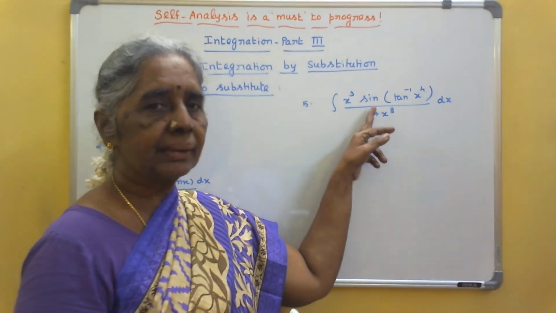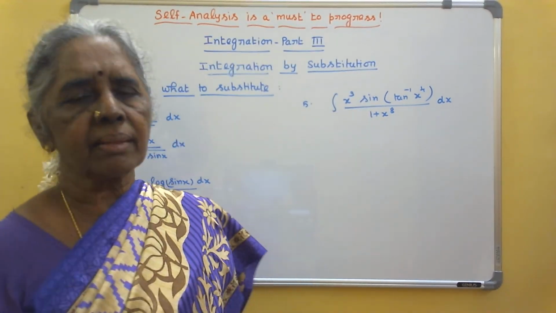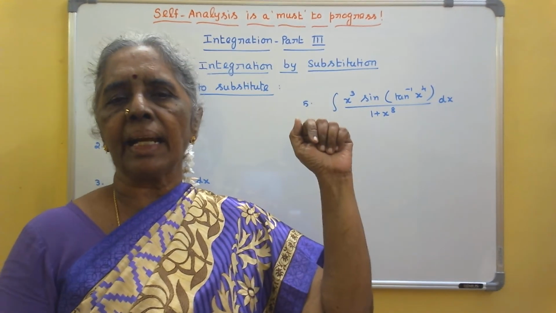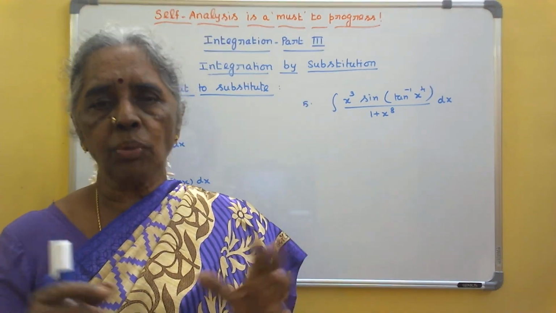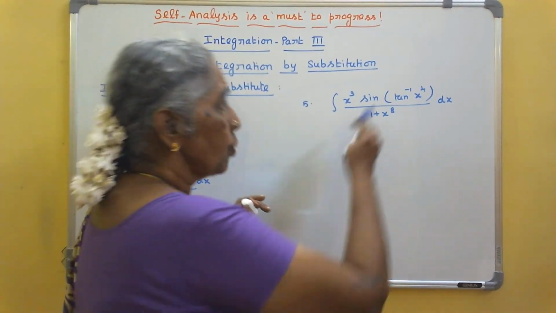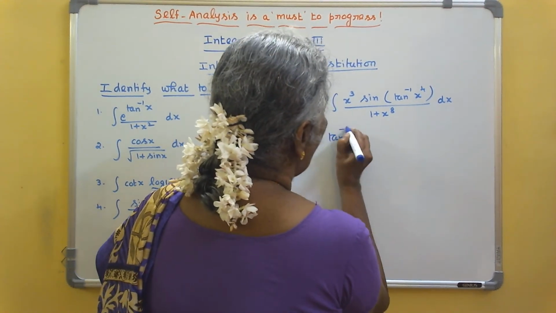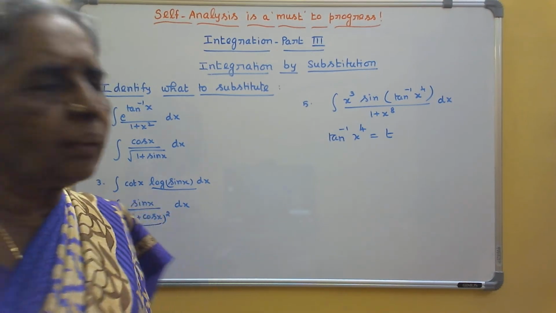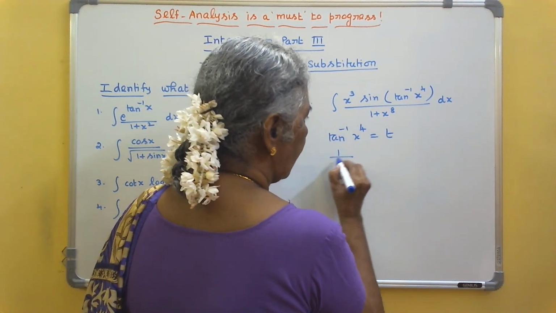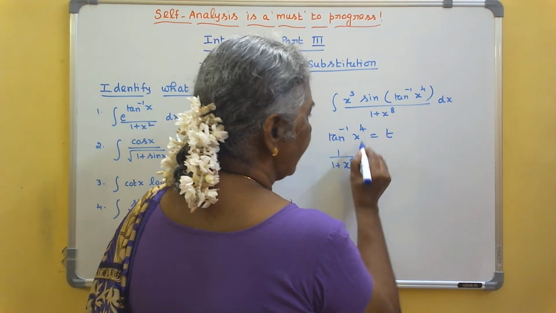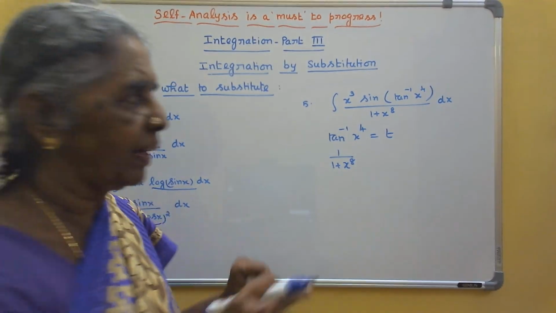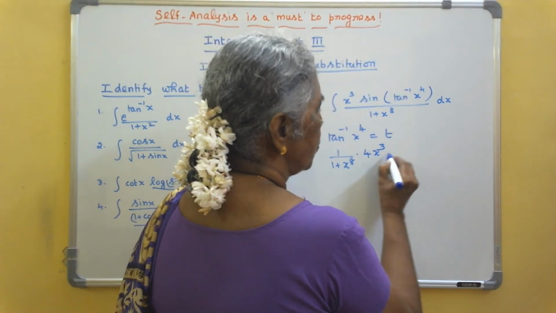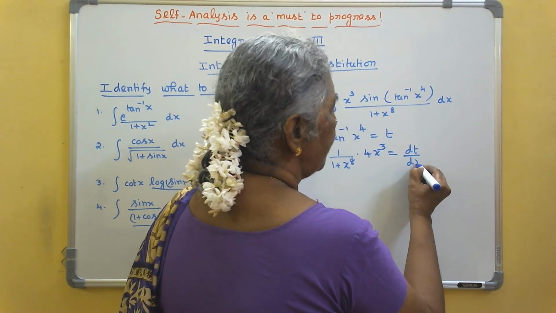x cube sin, that angle part is tan inverse x power 4, by 1 plus x power 8 dx. So I have told you sometimes you have to substitute the total angle part. So here, if you substitute tan inverse x power 4 as t, when you differentiate it, 1 by 1 plus x power 8, that is x power 4 the whole square is x power 8, into x power 4, the differentiation is 4x cube, that is equal to dt by dx.